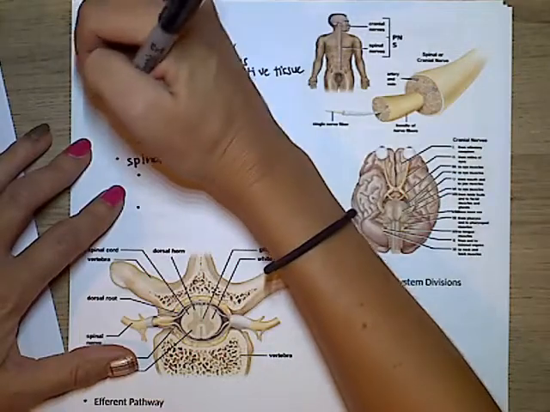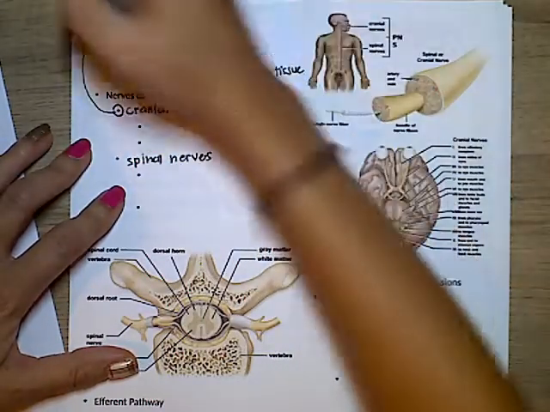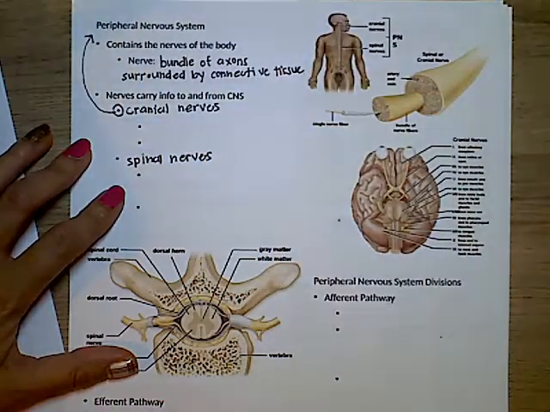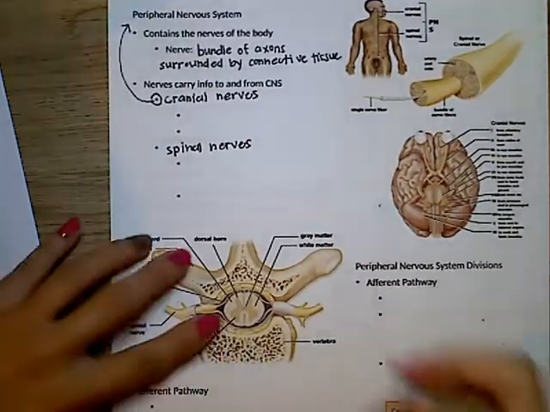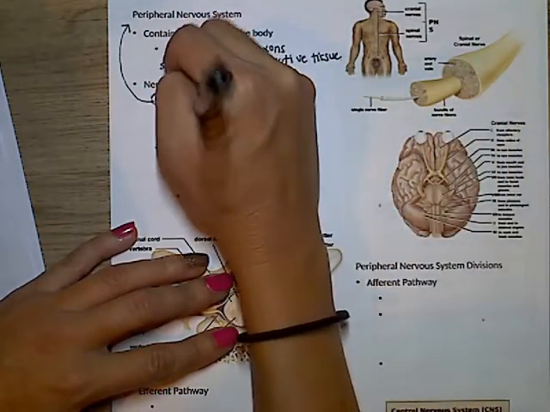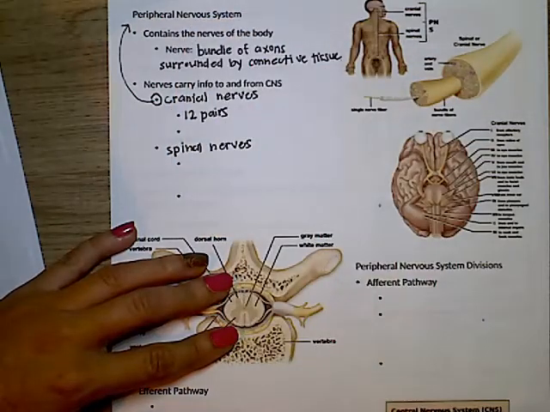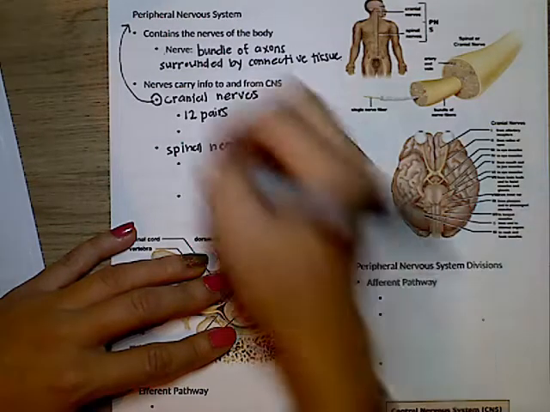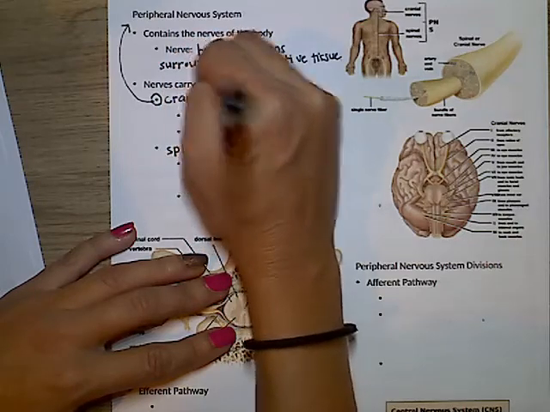Keep in mind that the cranial nerves are part of the peripheral nervous system, not the central, as you might assume. So you have 12 pairs of cranial nerves that emerge from the brain, and they relay information to and from the head, neck, and face.